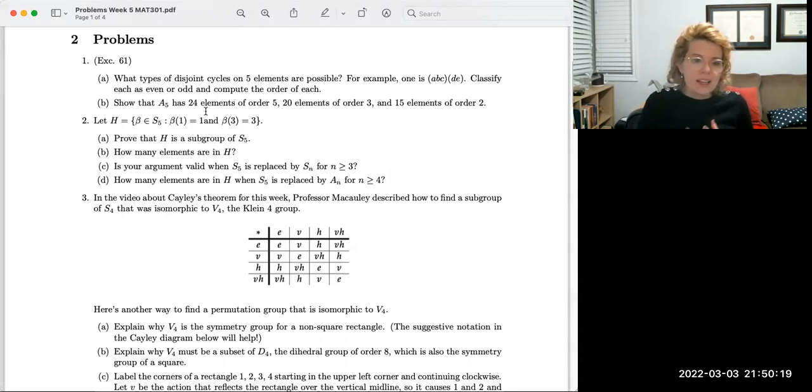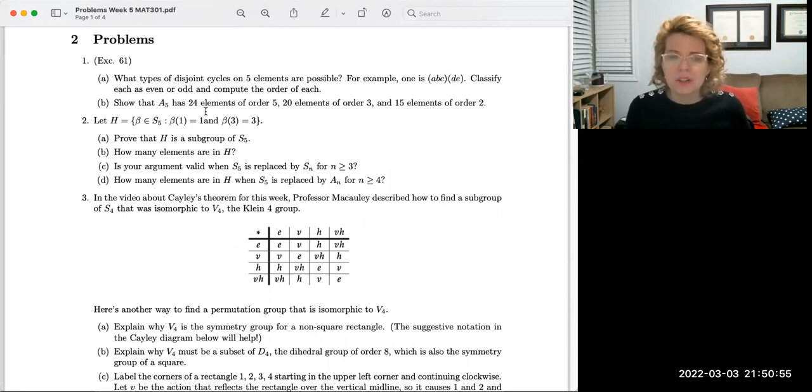Okay. In number 3, we're thinking about writing groups as subgroups of symmetry groups. So the method that was described just uses the Cayley table. In this, we are going to use the fact that we know that these are symmetry groups of particular objects.